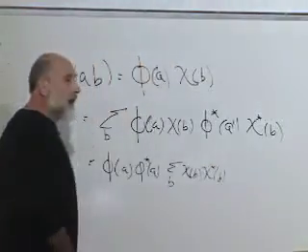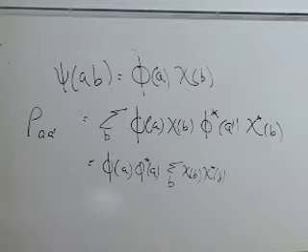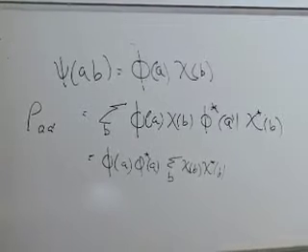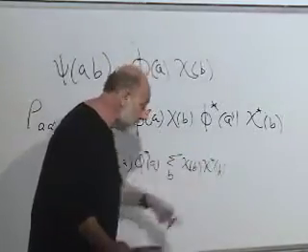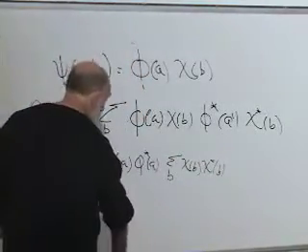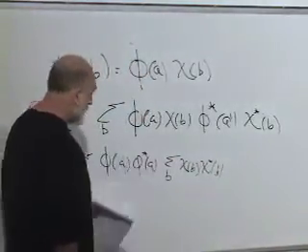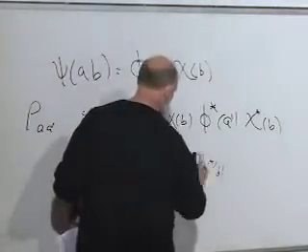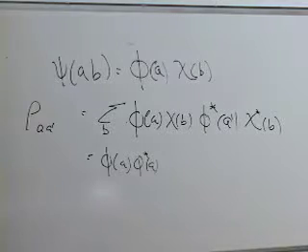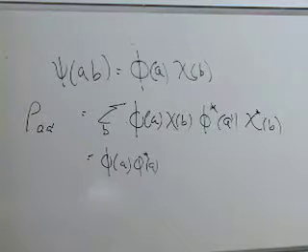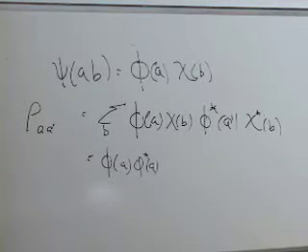Sum on B chi star chi, that's just 1. That's the normalization of chi of B. So this is all just 1. So the density matrix for a product is very simple. It's just the product of wave functions phi of A times phi star of A prime.